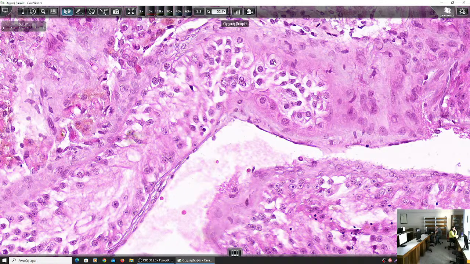These are spermatogonia. So there are some germ cells in this tubule, however, they do not mature. And this is an early arrest in the spermatogenesis, because we see germ cells. This is not a Sertoli cell only syndrome, because we can identify germ cells, but they are immature cells, spermatogonia.